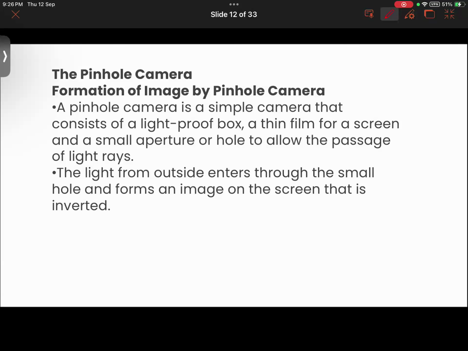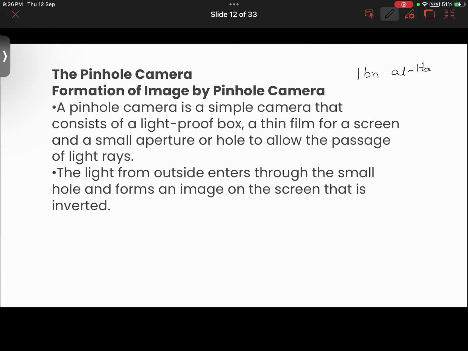So the pinhole camera is a simple camera. In fact, there was a Muslim person who invented this pinhole camera. If I'm not wrong, it was invented by Ibn al-Haytham. Have you heard of this person? No, sir.